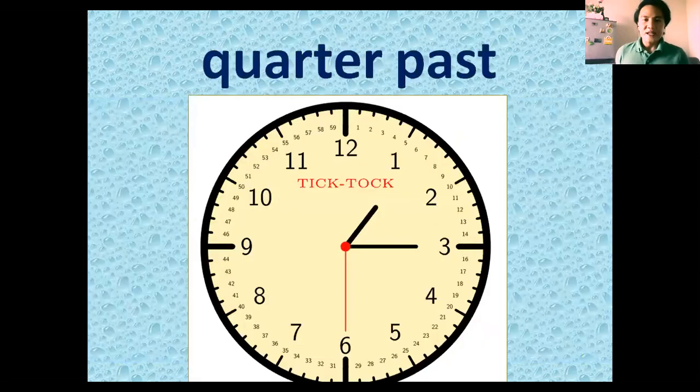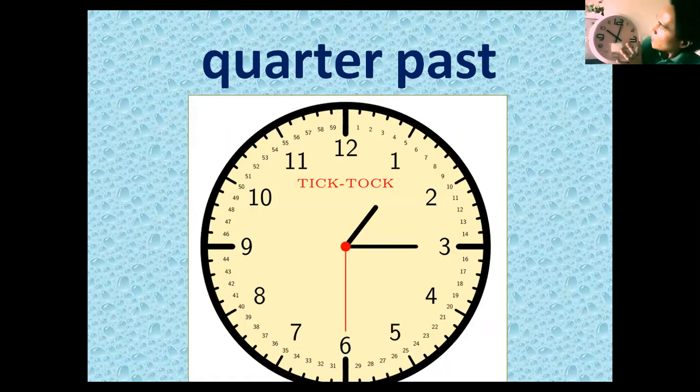Next word is quarter past. Now, what is quarter past? Quarter past is when the long hand of the clock is pointing to number 3. For example, look at this clock.